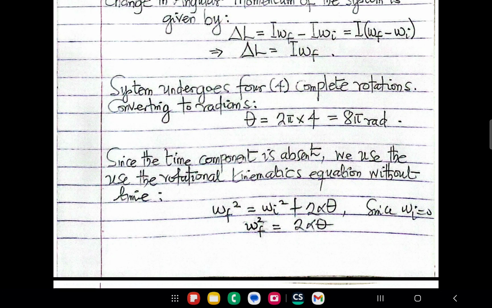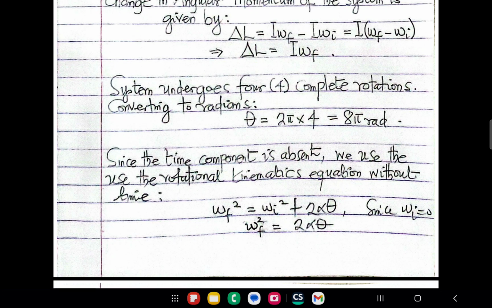Now you realize that in the question, the time component is missing. So the rotational kinematics equation we can use is one that does not involve time. So the final angular velocity squared is equal to the initial angular velocity squared plus 2 times the angular acceleration times the angular displacement. Since the system is starting from rest, the initial angular velocity is 0.